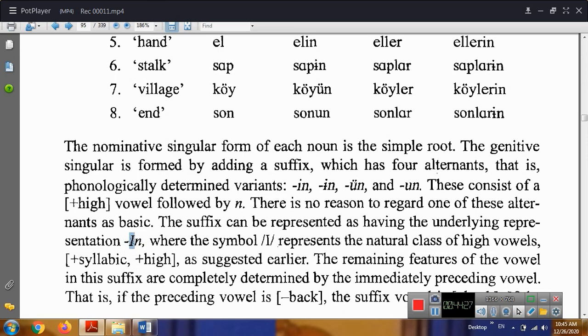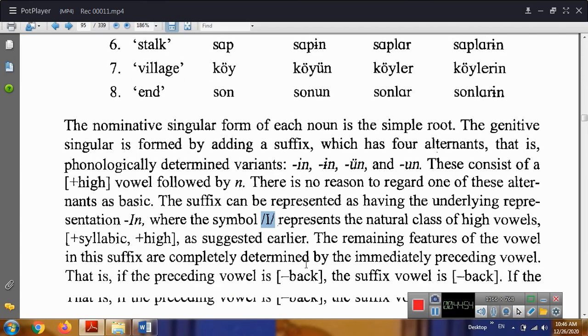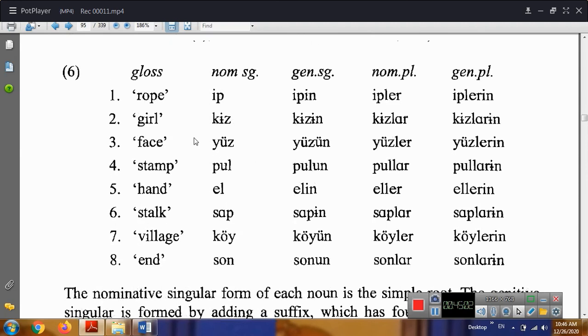The symbol I between two slashes represents the natural class of high vowels, which is plus syllabic, plus high, as suggested earlier. The remaining features of the vowel in this suffix are completely determined by the immediately preceding vowel. It means that we have vowel harmony here.